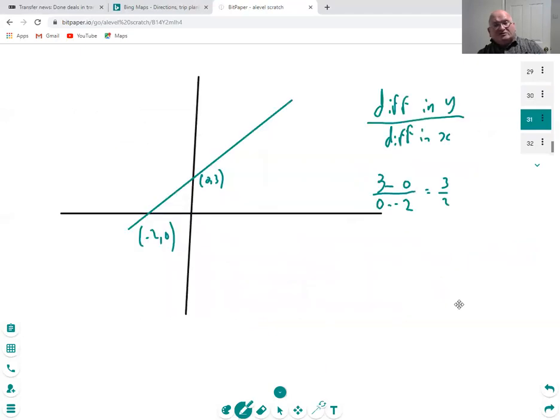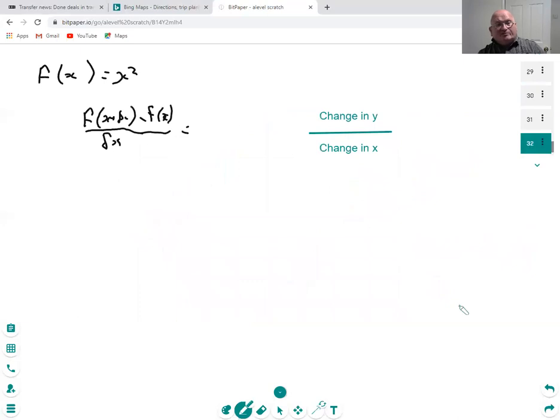Okay, so this is where we get to do some exciting algebra. I'm using function notation here, and I'm saying that it's still the change in y over the change in x. Now the change in x is delta x, because we're finding the gradient between the points x and x plus delta x.